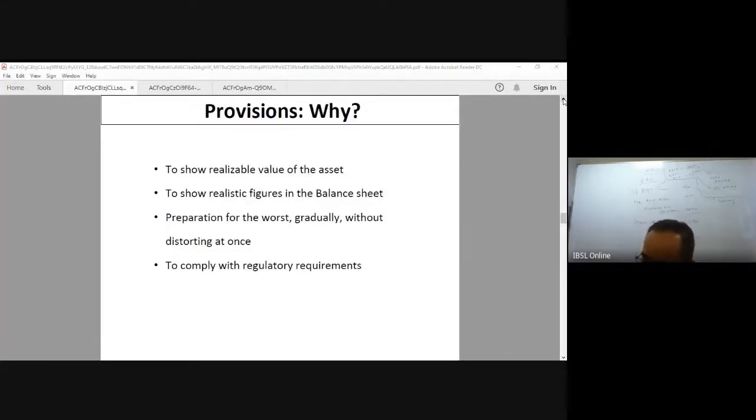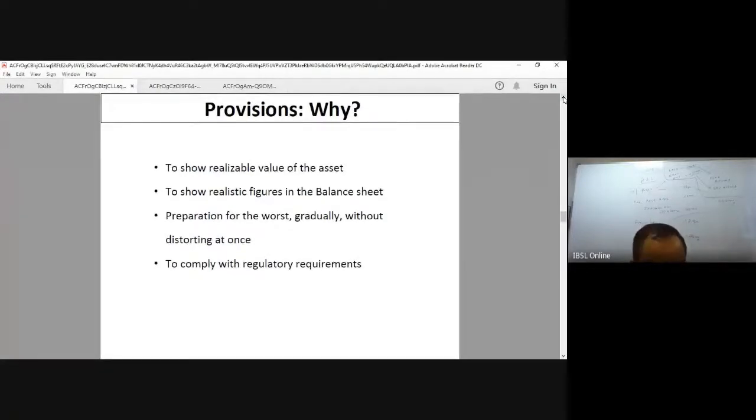If we wait till the point where it has become a loss and go and charge the full amount, your profit will be affected in one year. Your balance sheet will show a bigger change compared to the last year. So you show realistic figures in a gradual way, right? You prepare for the worst gradually without distorting at once.